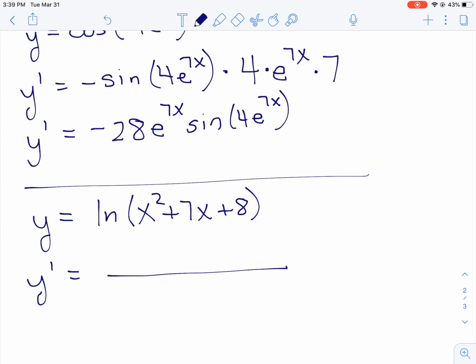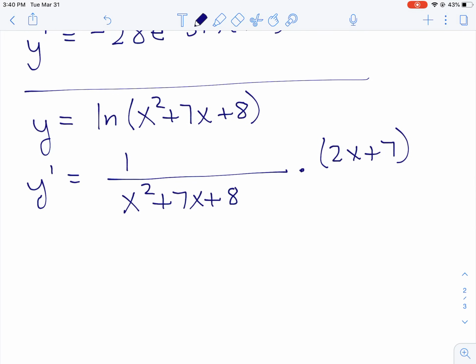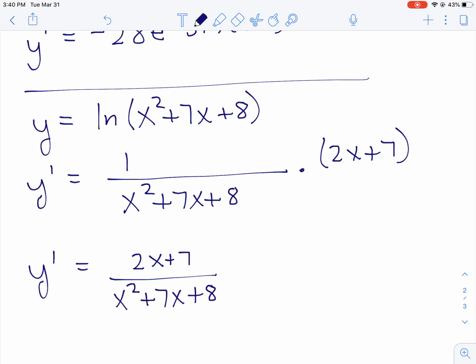So this will be 1 over whatever's in parentheses there, which is x squared plus 7x plus 8, then times the derivative of what's inside, which will be 2x plus 7. So now all I have to do is multiply the numerators there. So I have 2x plus 7 all over this mess, x squared plus 7x plus 8. And I can't do any canceling because I can't do any factoring. So that is the end.